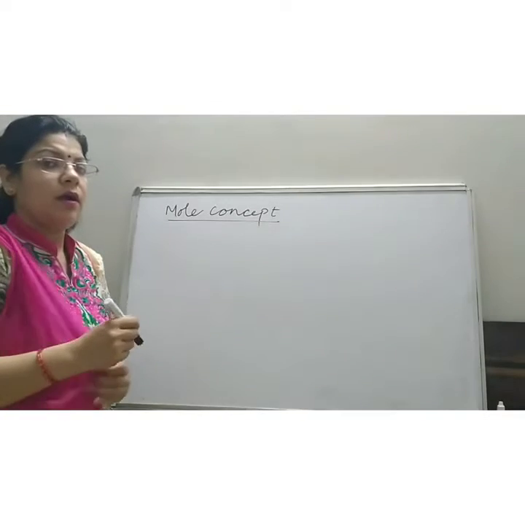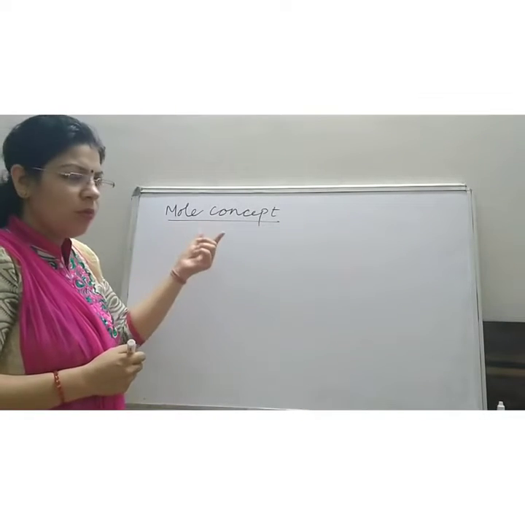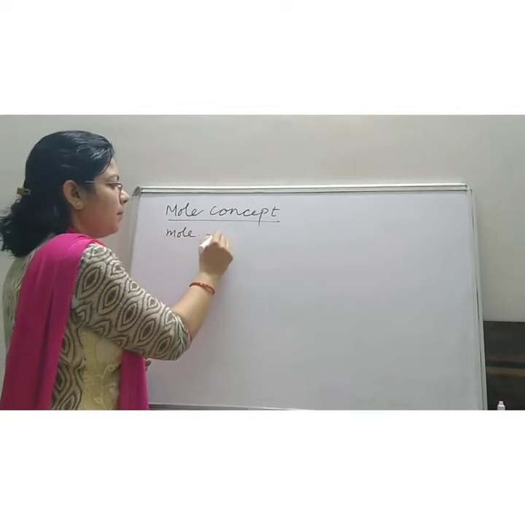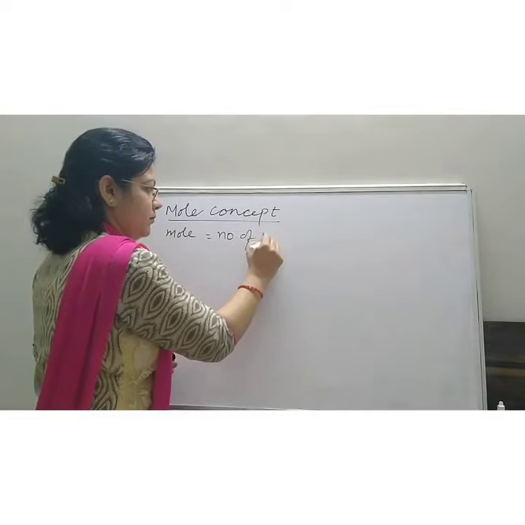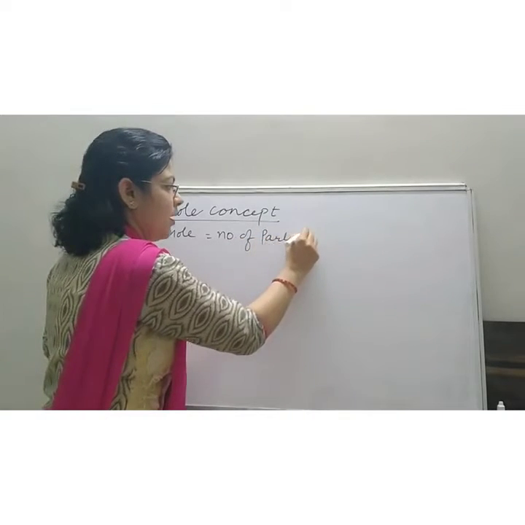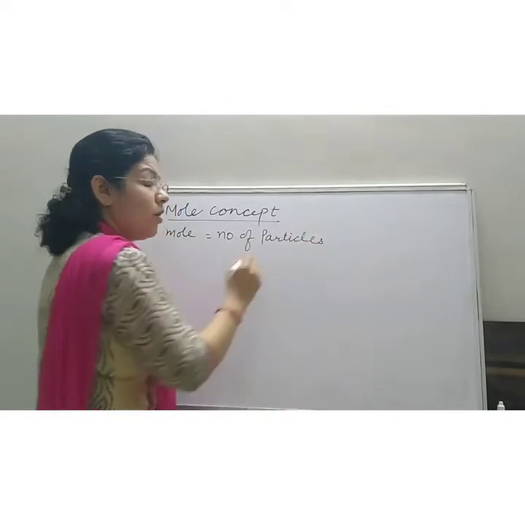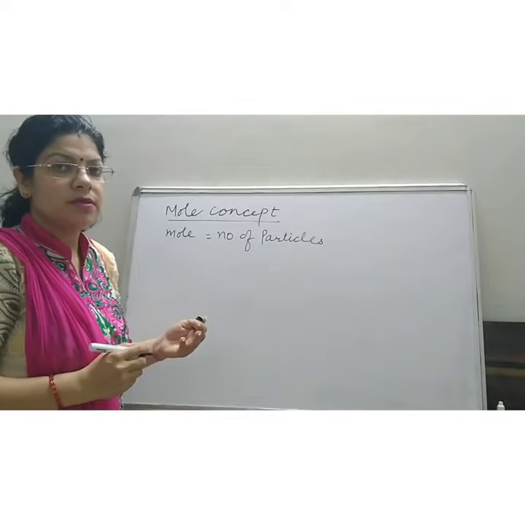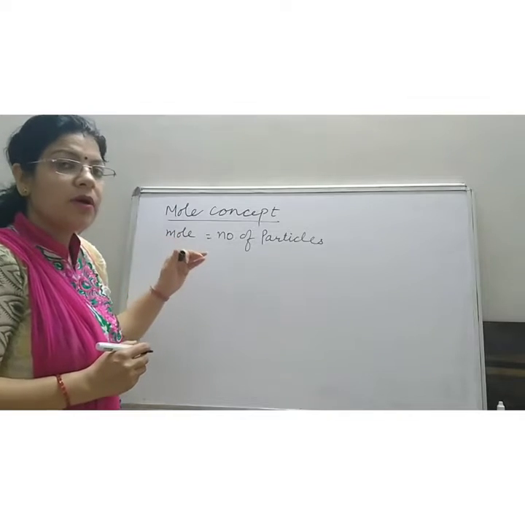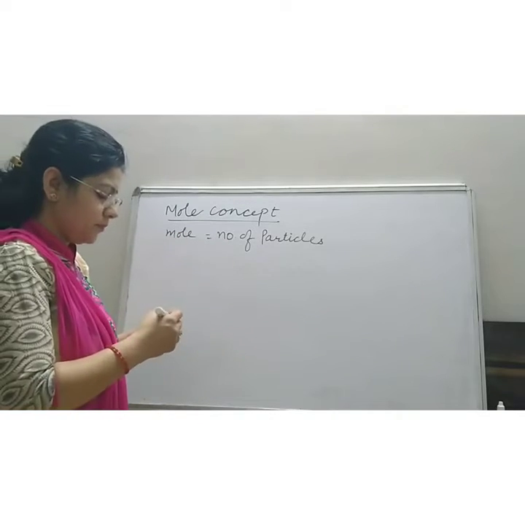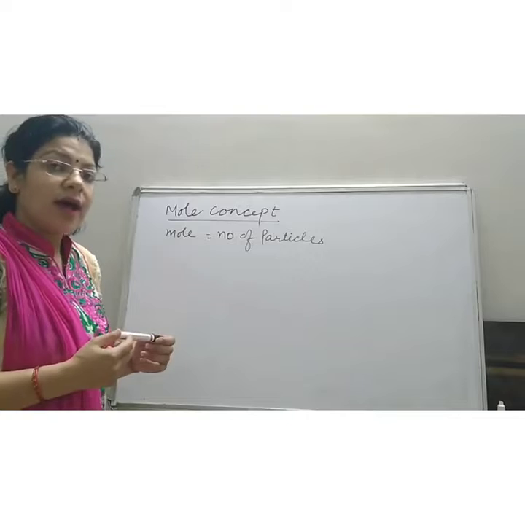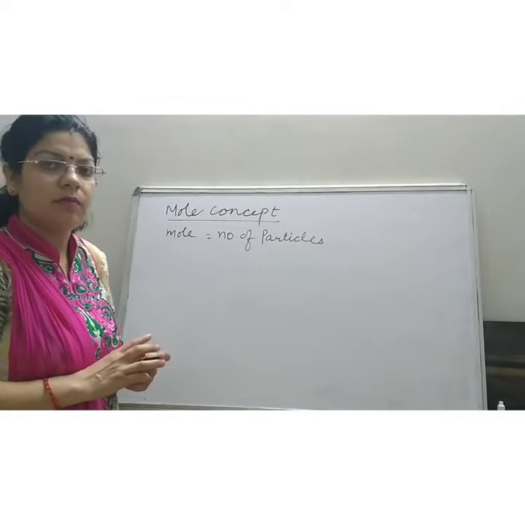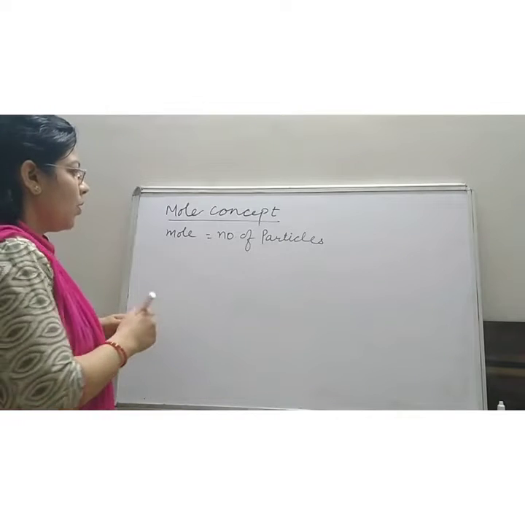Next is the definition of mole in terms of number of particles. Mole can be used to measure the number of particles or the number of atoms or number of molecules present in a given molecule.